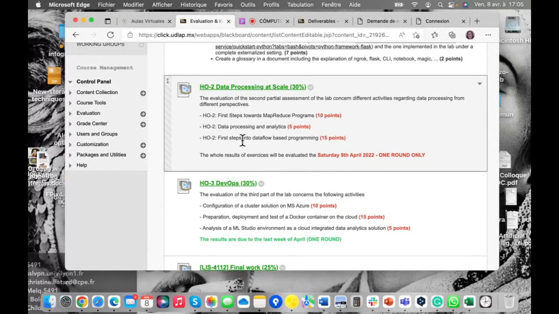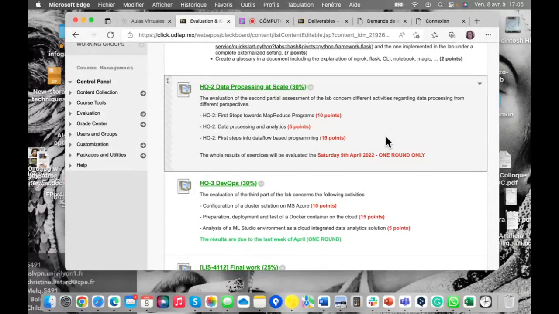These are the two, the collective activities and other activities that we have been doing and that I have observed, and I have the input there. So these are the two ones, and the only one that we still haven't done, and for which I haven't proposed the description of the activity, is first steps into data flow-based programming.